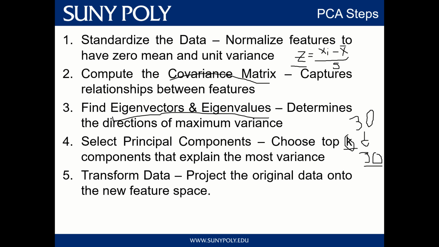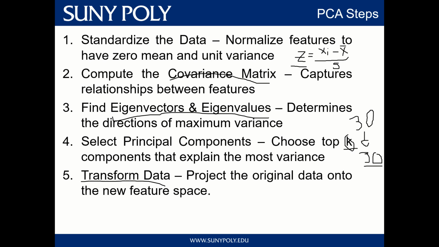However, as I mentioned before, remember that we're using this in this specific case to visualize. So now we're limited because of that. Because when you're visualizing, we need 2 or 3 variables or 2 or 3 components. So that will be our limitation. But in general, you will try to represent, as I said, 80 up to 90, 95% of the variance. Once you're done with this, then you can transform your data.